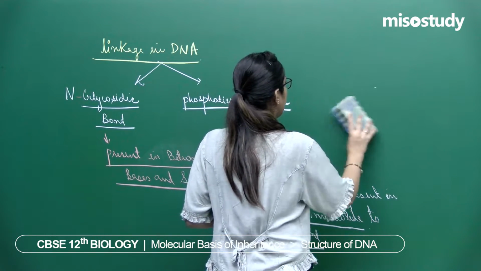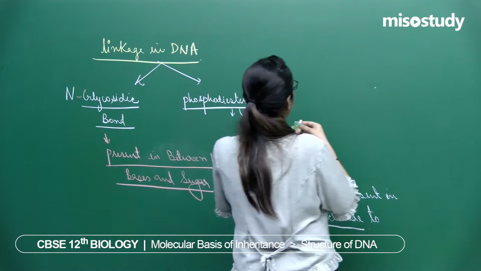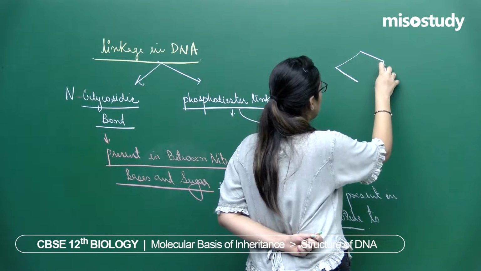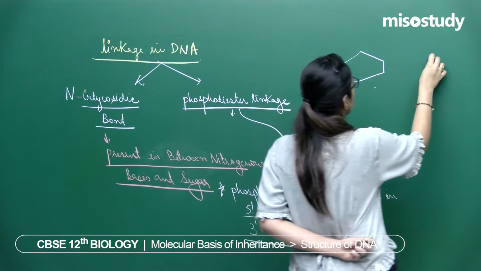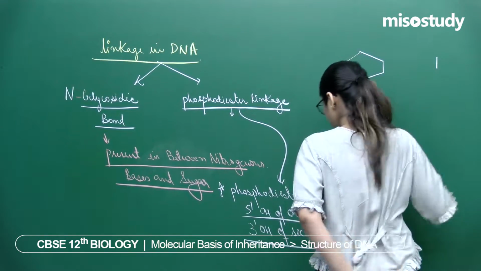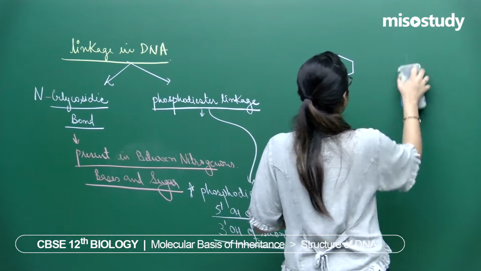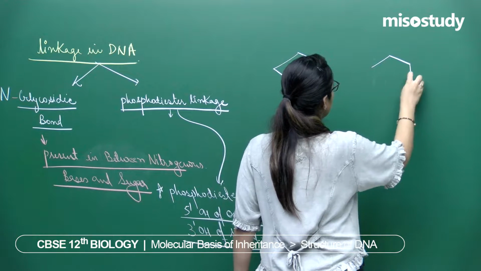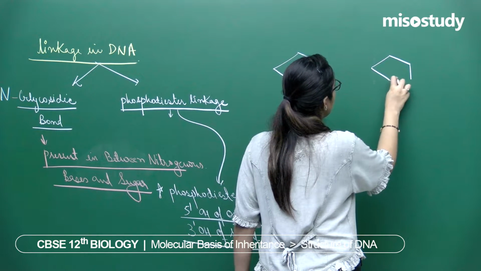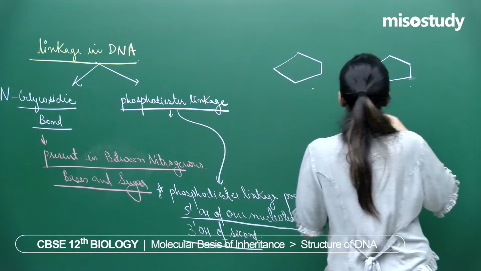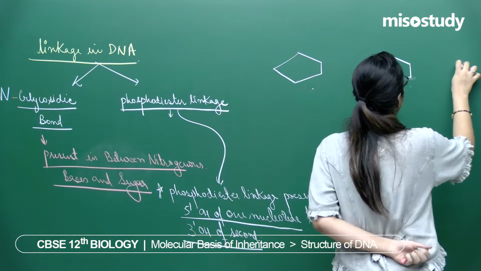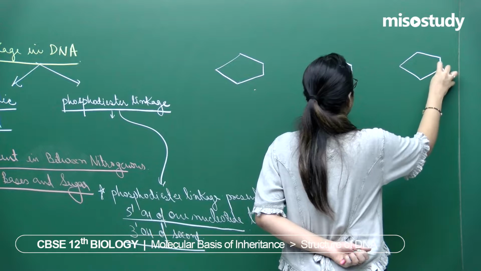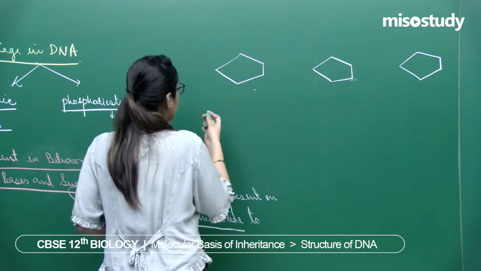Let's see how it looks. What I am drawing right now is a ribose sugar, which has a 5' carbon.